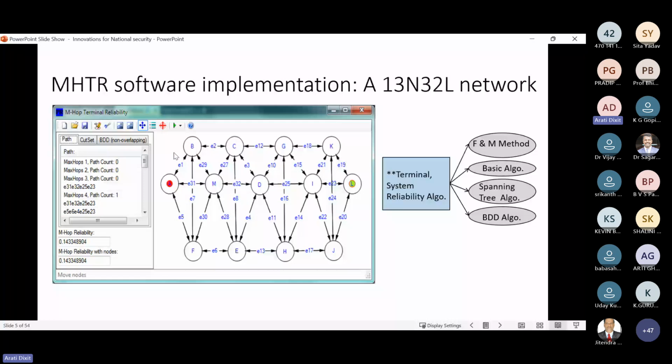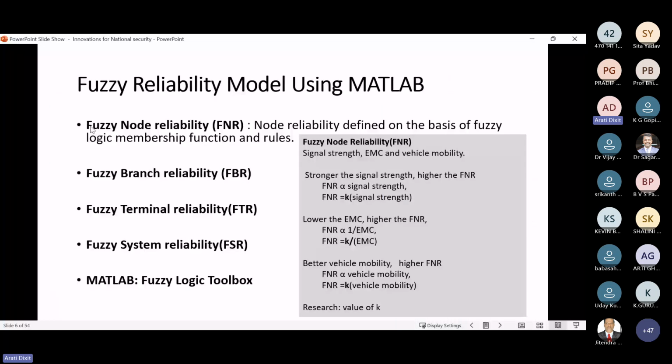Similarly, for the station, there is a certain set of factors that affect the strength or the reliability of a vehicle sitting at point A, for example. So a fuzzy approach was taken into account, and it proposed fuzzy node reliabilities, fuzzy branch reliabilities, fuzzy terminal system reliabilities, and so on.